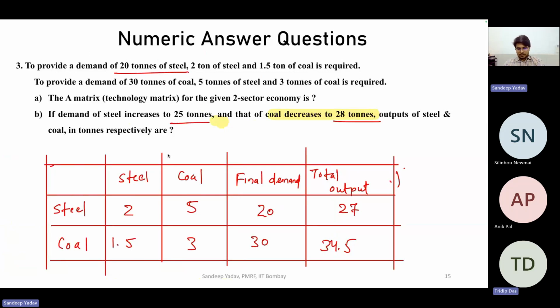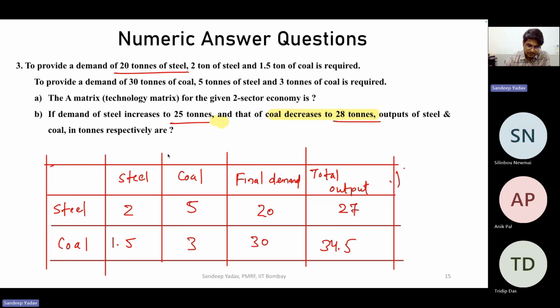No, here the answer would be different, because of the way we make the matrix. If you take steel in the first row and first column and coal in the second row and second column, in that way we can relate to what the theory part is saying.